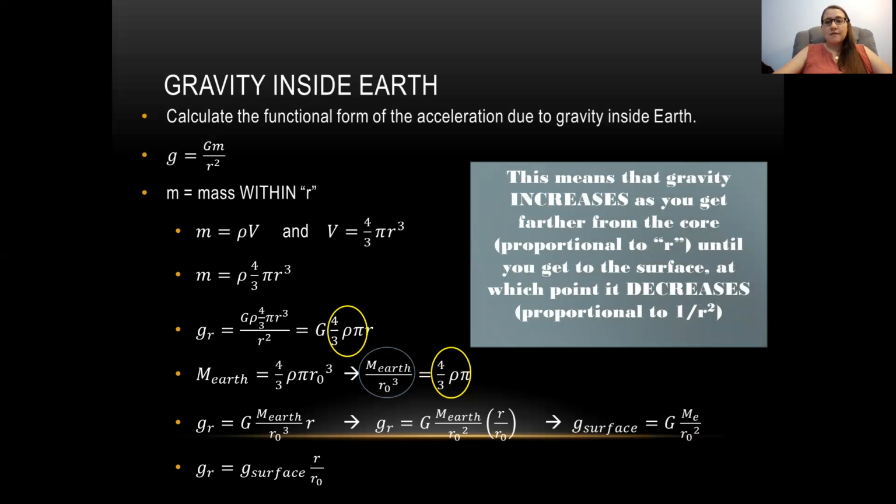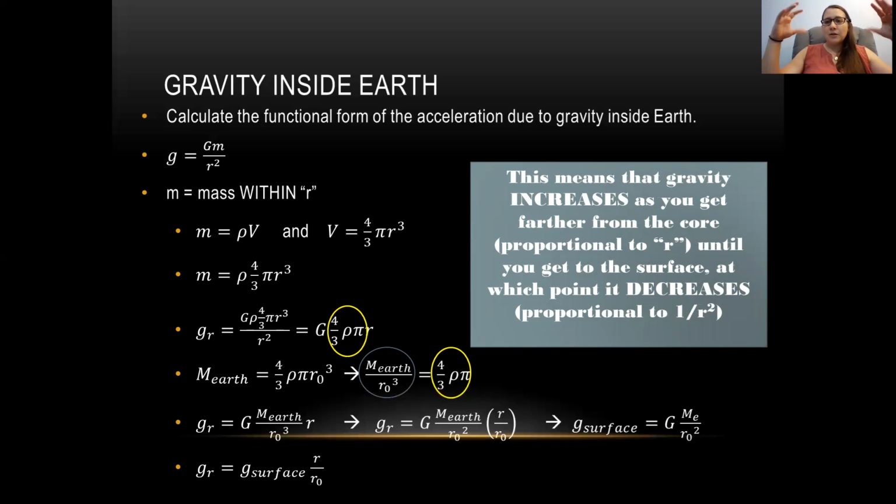Right, so this means that gravity increases as you get farther from the core. So let's imagine now that we're at the center of the Earth moving out. The gravity increases as you get farther from the core, proportional to r. But then once you hit the surface, you're no longer increasing the amount of mass that's contained within your imaginary sphere.